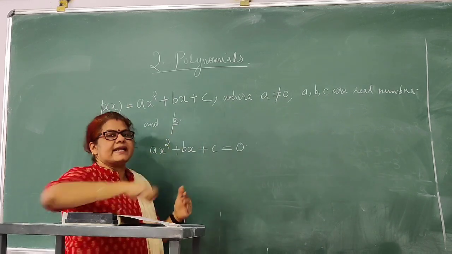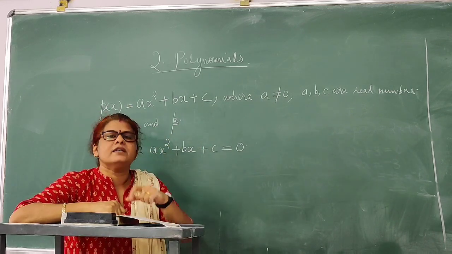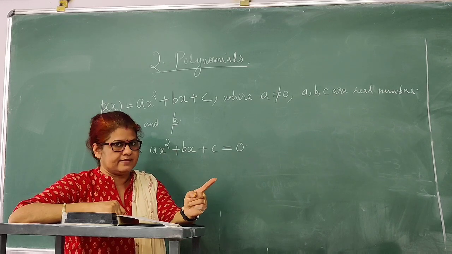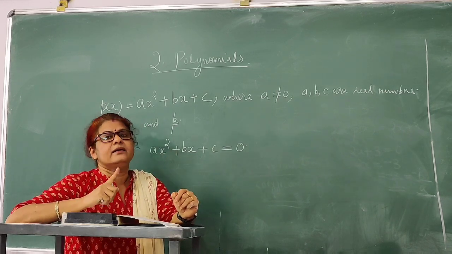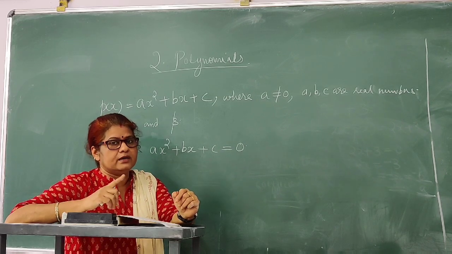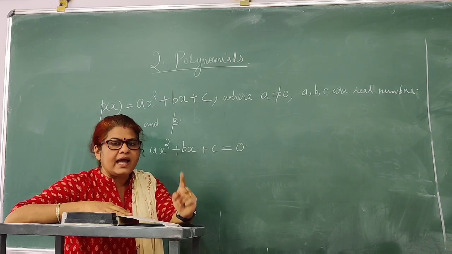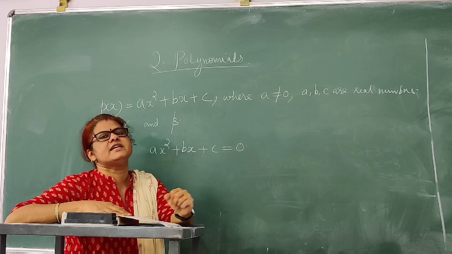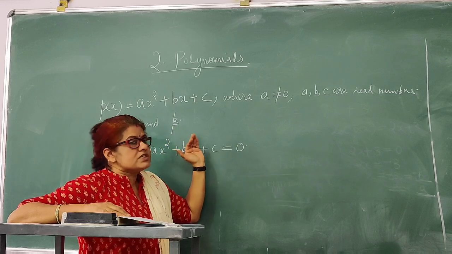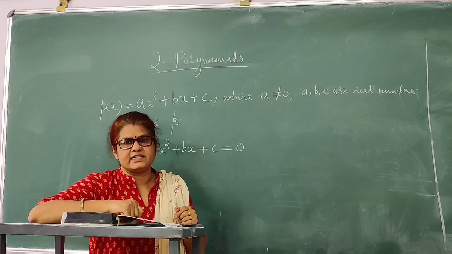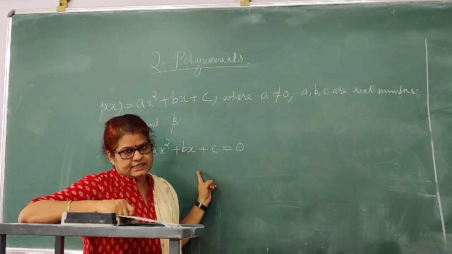Then what is the relationship between the zeros and the coefficients? It is not like linear. In the linear polynomial we got a unique zero, and the zero itself is in terms of the coefficients. But here the zeros have no direct relationship with the coefficients.